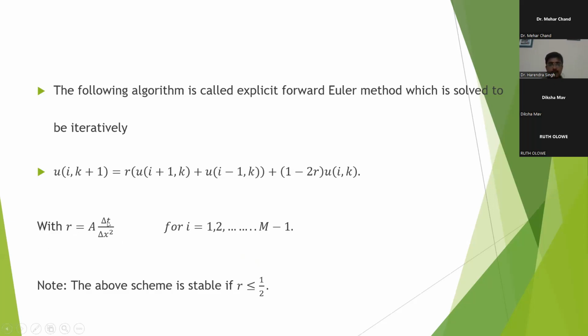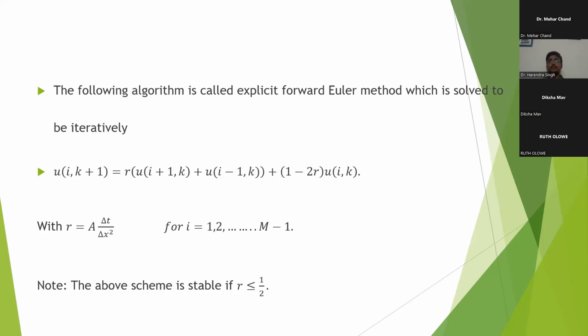How will we select? r depends on delta t and delta x. So when we are discretizing the space variable or time variable, we should take care that the ratio a delta t upon delta x squared is always less than or equal to 1/2. Otherwise the scheme will be unstable. If the scheme is unstable, then your program will be right, but your solution will blow up.